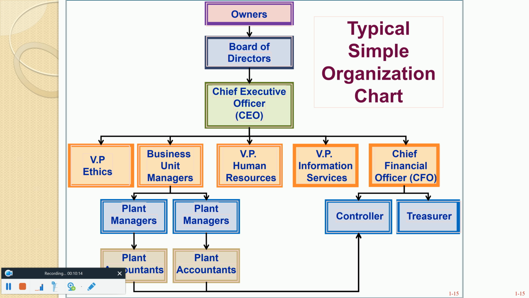Over here on the far right, you can see the CFO, the Chief Financial Officer, and underneath the CFO, we're going to have a treasurer, which really is control of the money management, if you will, the investing. But the controller is going to be the one that is in charge of the accounting records. And so that box right here, the controller, this is what I am teaching you in this particular class. I am teaching you all about the controller's job.